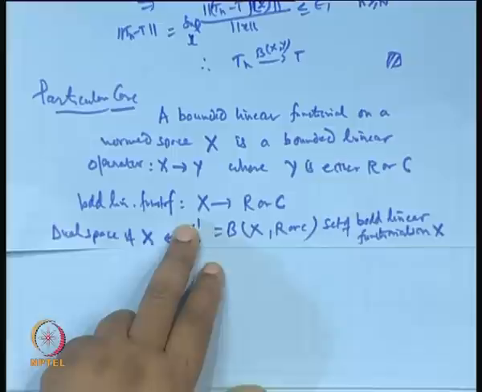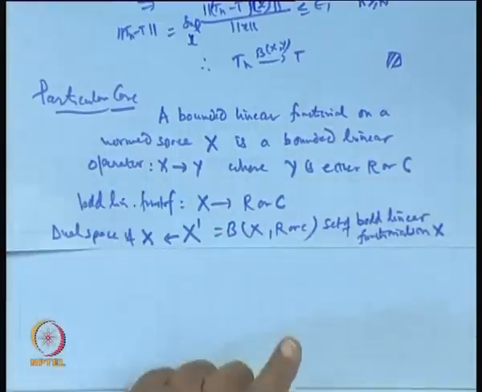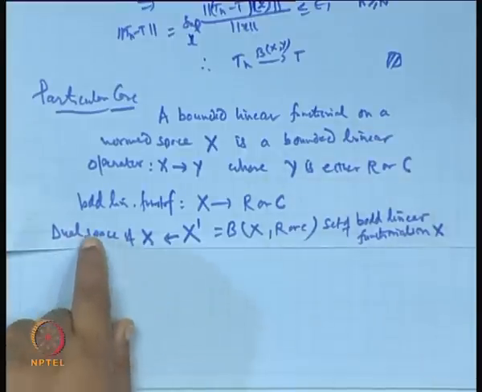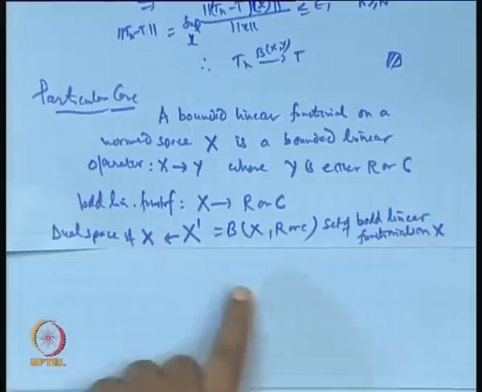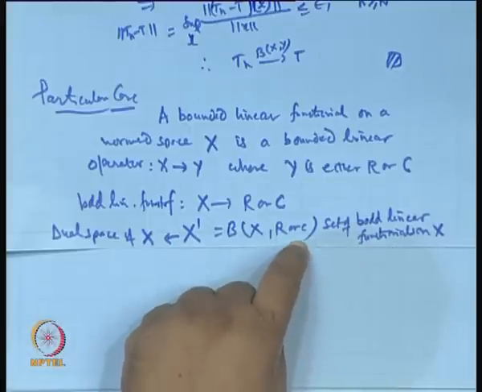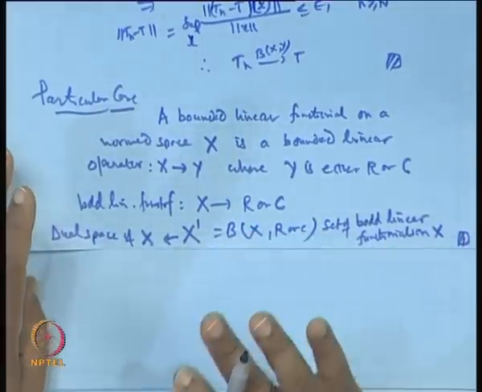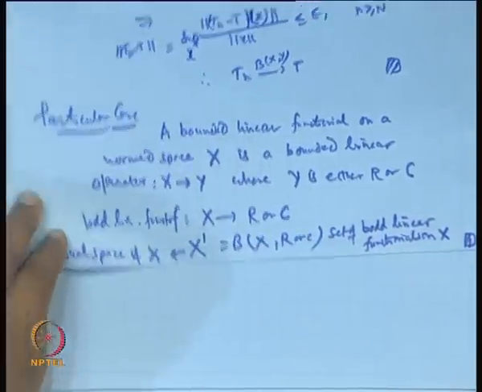So first we defined the bounded linear operator, then replacing Y by R or C, we get a bounded linear functional, and that collection is called the dual space. And it will be complete because R and C will always be complete. So in the next class, we will see examples of dual spaces. Thank you.